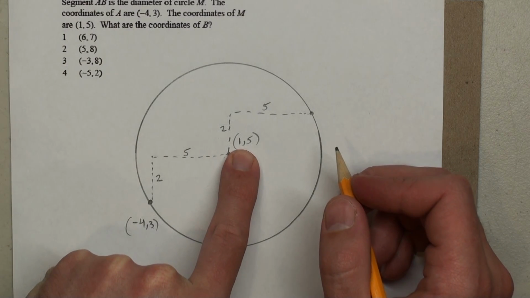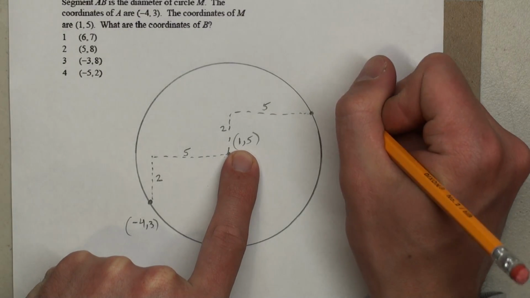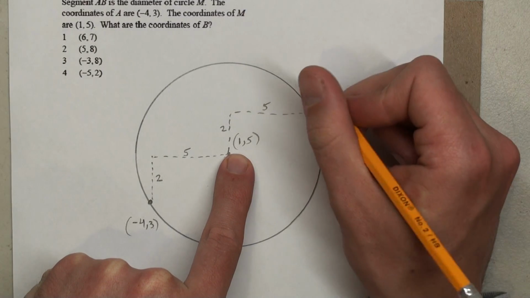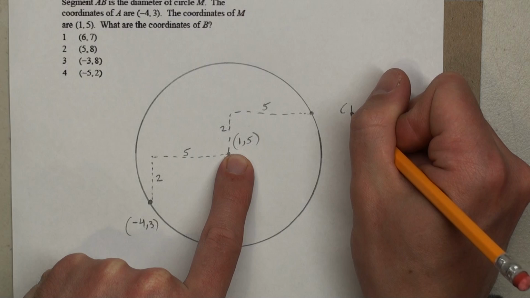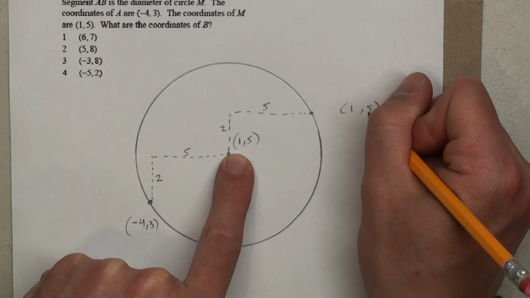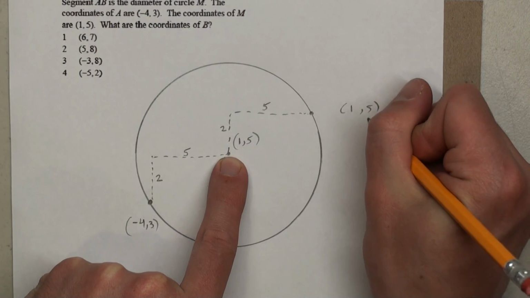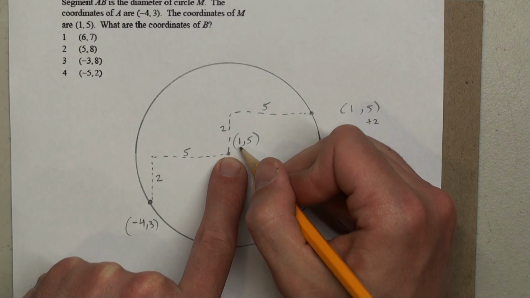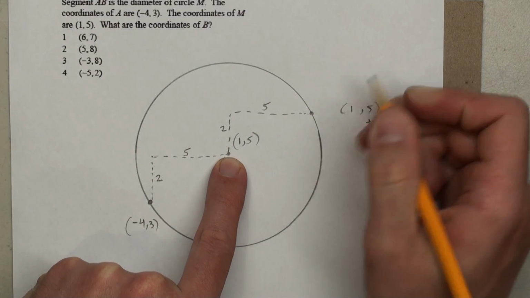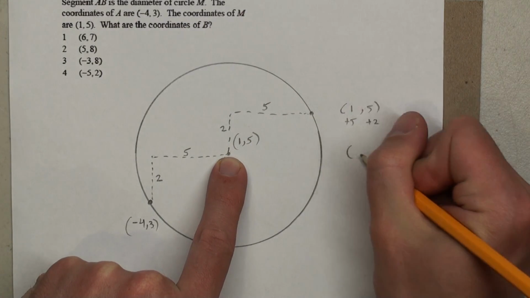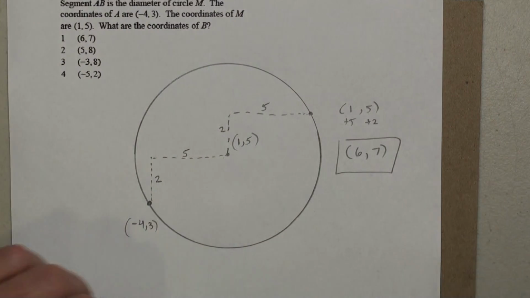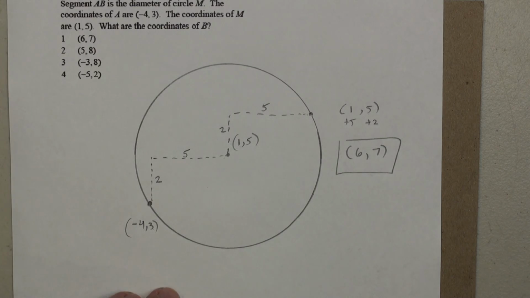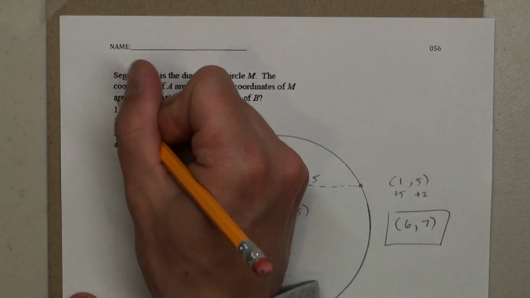I'm at 1 comma 5. So from my 5 I go up 2, so plus 2, and I go from 1 to the right 5, so plus 5. So my point is going to be 6 comma 7. Okay? Choice 1.